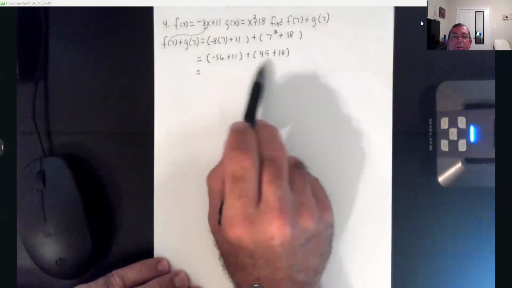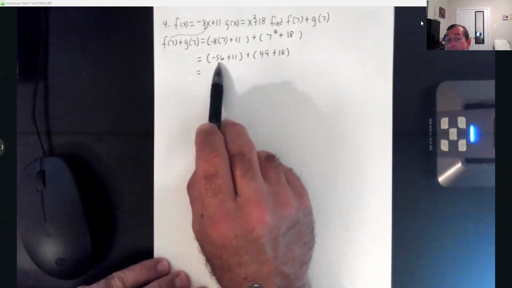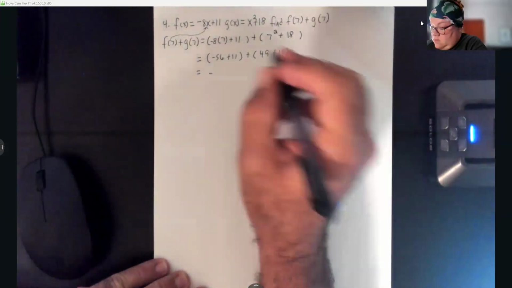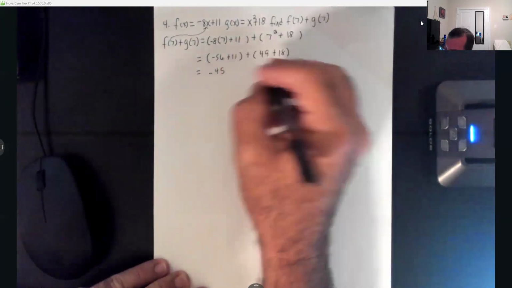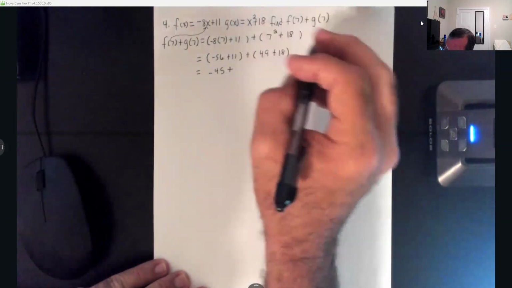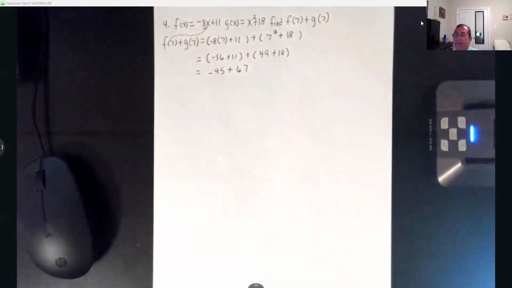So I'm down to my final step, so I can now get rid of my parentheses. So a negative 56 plus 11 is negative 45. And then over here, 49 plus 18, I think that would be 67.